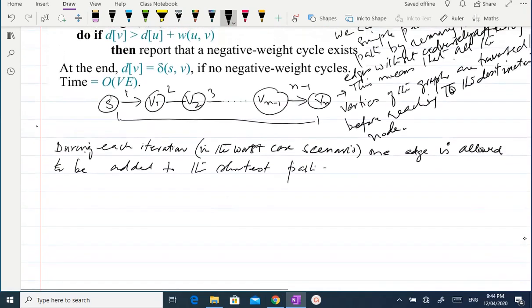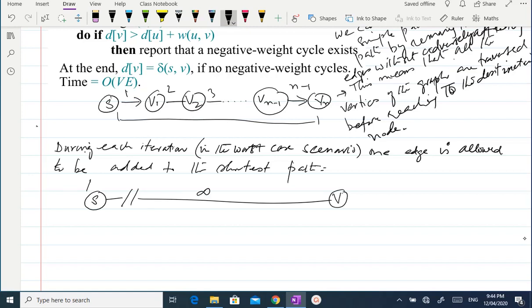Let me show you a very simple example. This is a set of iterations. Let's say we start from the start node, and once we start, we do not have any path which is taking us from S to V, right? So that means the cost is infinity.